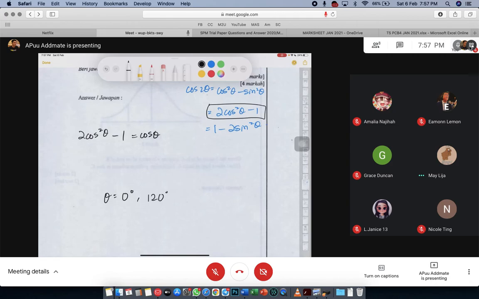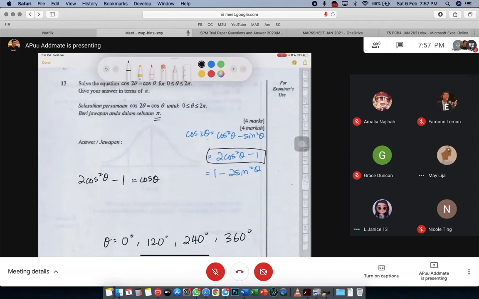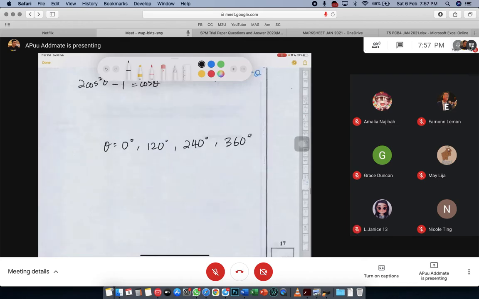Any more? 240, and another one is 360. Very good. But does the question ask for the answer in degrees or in terms of pi? So that means your answers 0, 120 must be changed to pi. So that means you have to change to radian. So what do you do? Multiply by pi over 180, right? Okay, tell me what you get there. 2 over 3, yes? Correct?